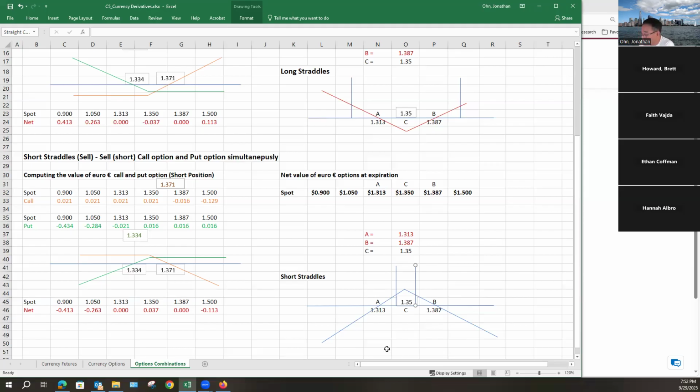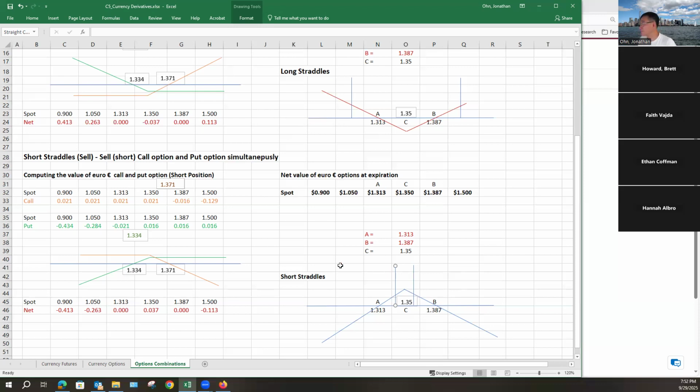If you construct a short straddle, what do you see? Around this one, if the euro turned out to be low volatility, less volatile, then you will enjoy the profit there. You see that? This profit. Okay? So that's the opposite, right?